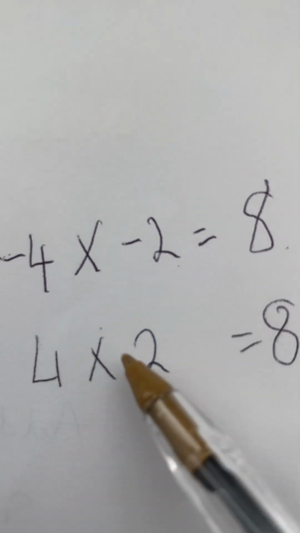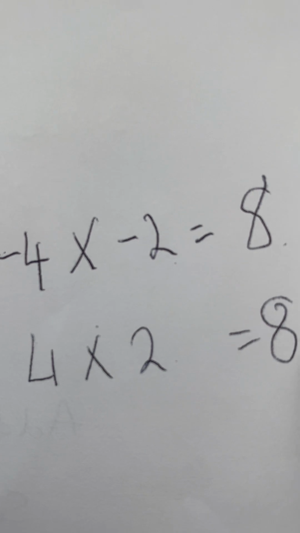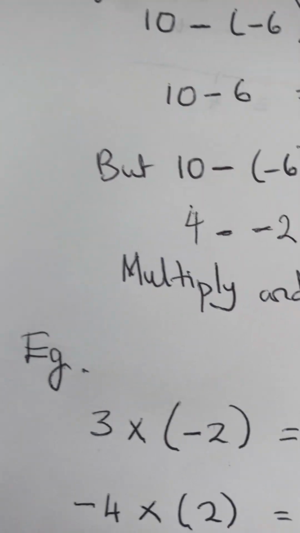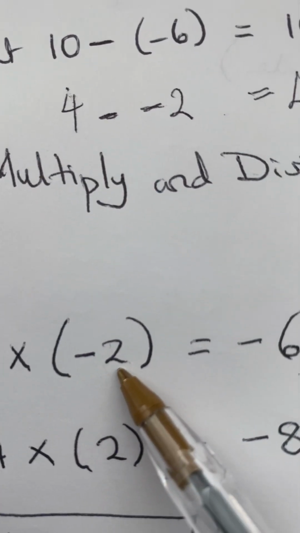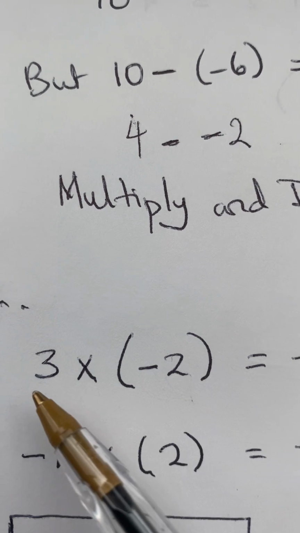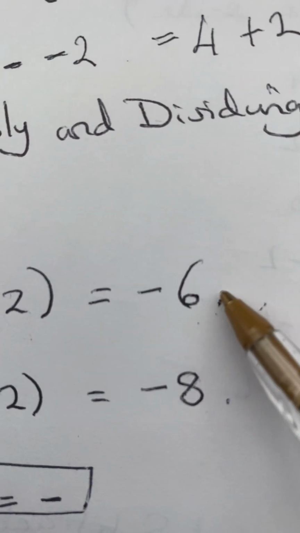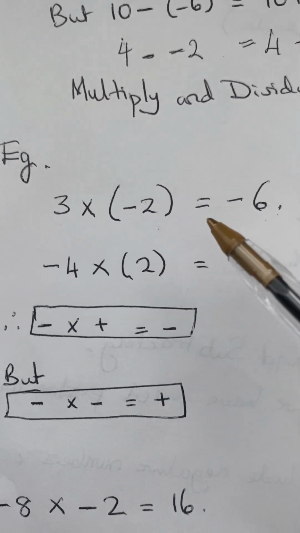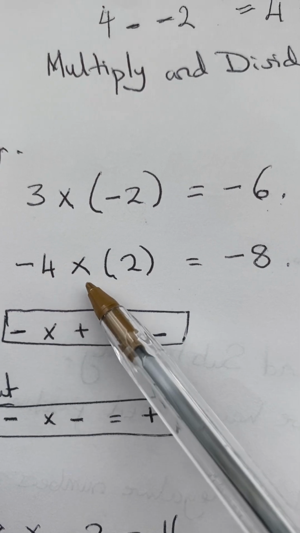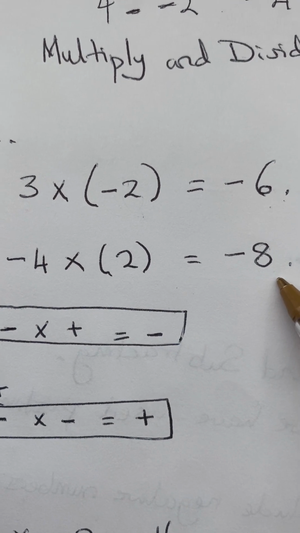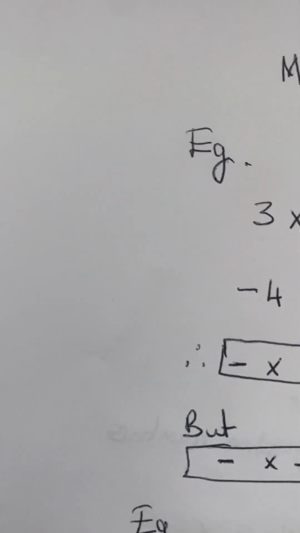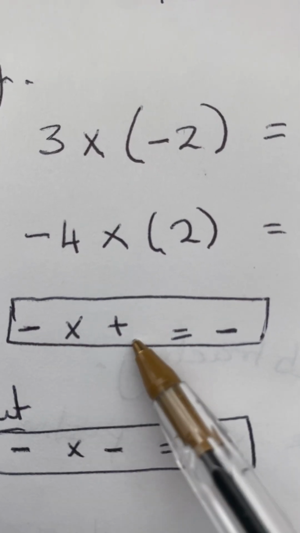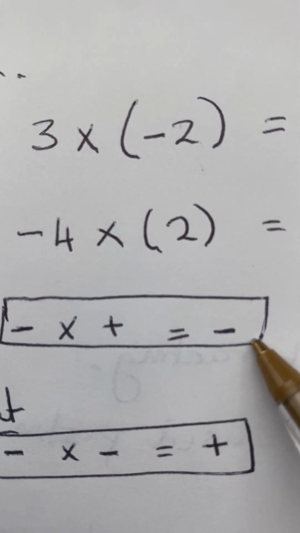And if you have 2 positive numbers multiplying, it also equals a positive. But immediately there is one negative number multiplying a positive number, your answer would definitely be a negative. As in minus 4 times 2 equals minus 8. So I've done here minus times positive equals minus.